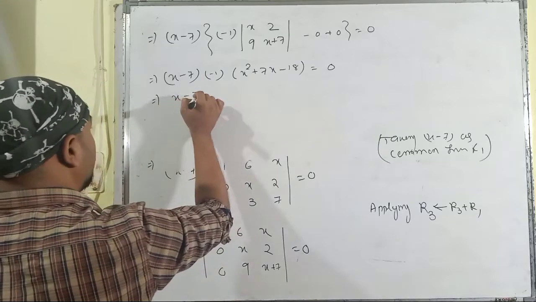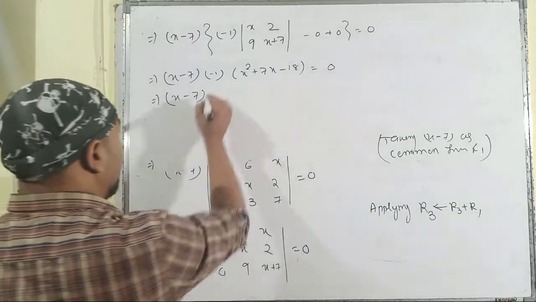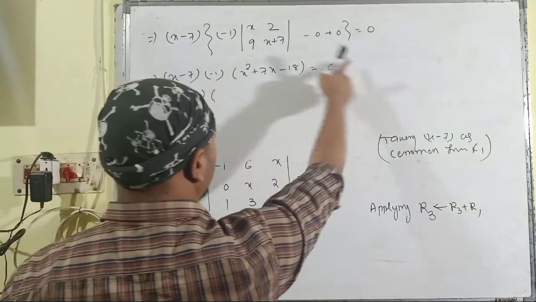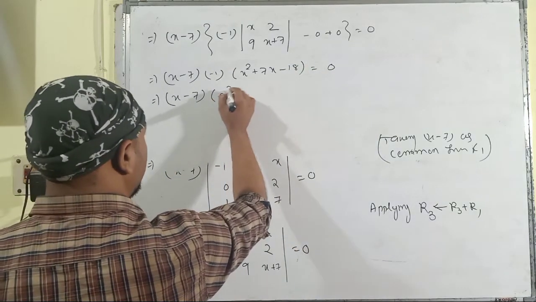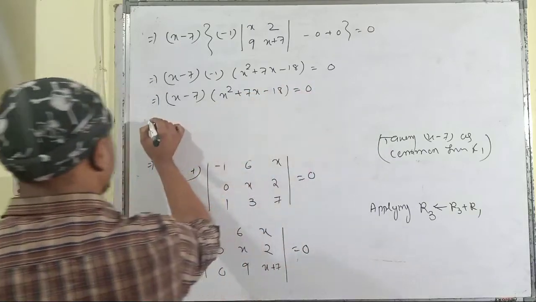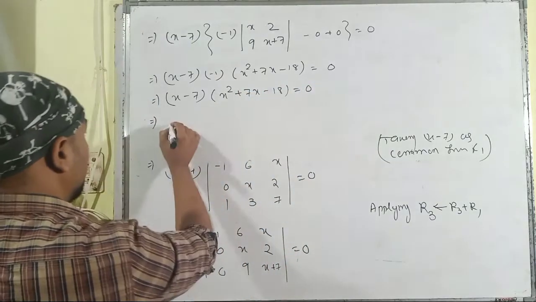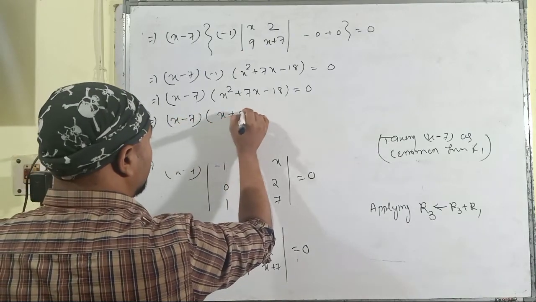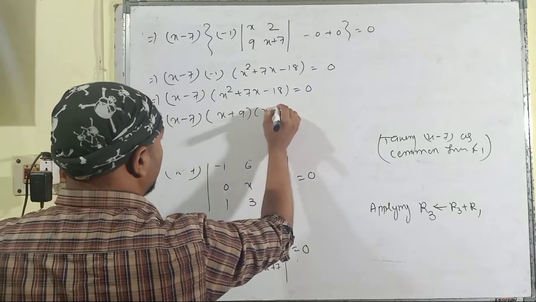Then x minus 7, and shifting this minus 1 towards the right hand side, we are getting x square plus 7x minus 18 is equal to 0. Then it is x minus 7 multiplied with x plus 9 and x minus 2.